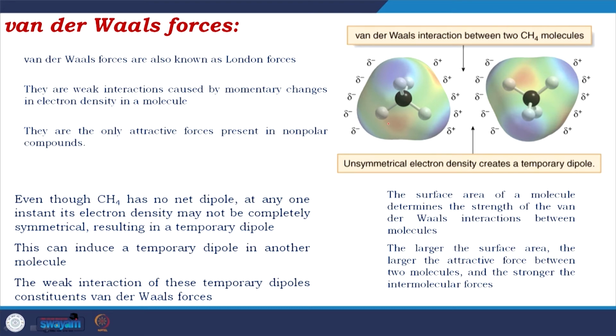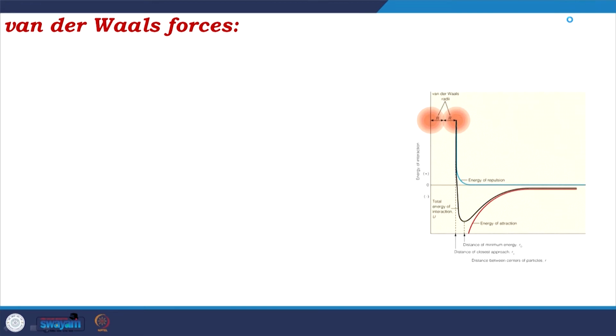So, if you see, some amount of negative and positive charge is developed; now if the area were doubled, then you have a greater amount of charge difference. So, how does it happen?